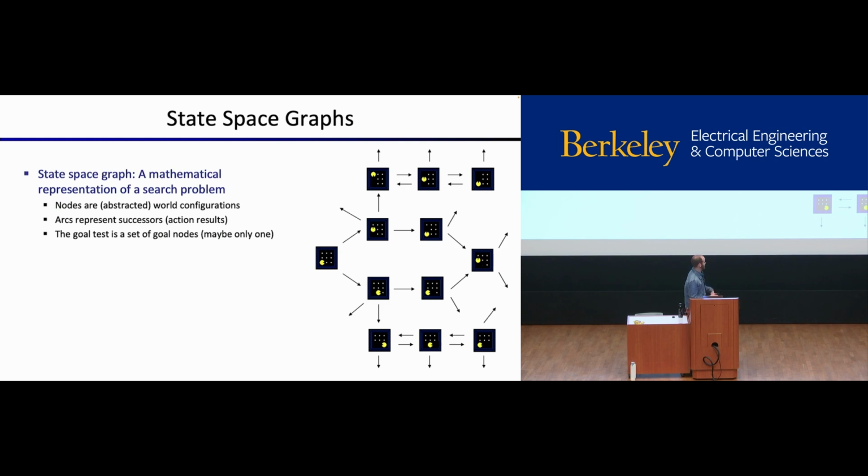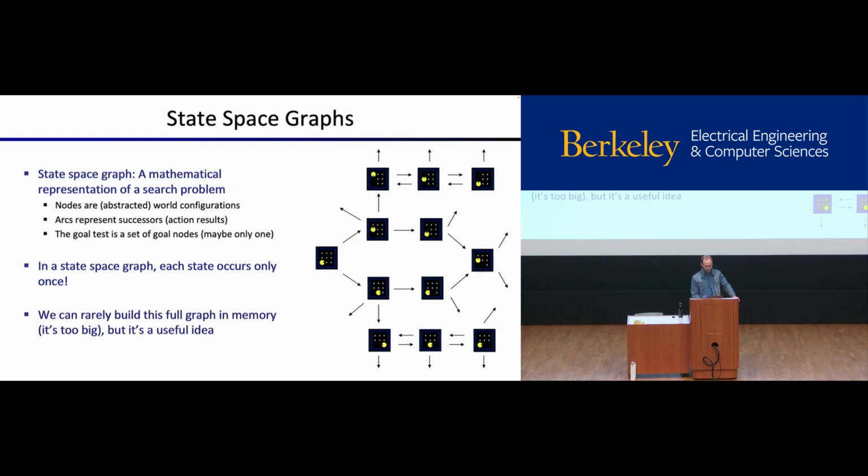It looks more or less like this. In the state space graph, each state occurs only once. This is going to be different from the search tree. And it's too big to fit in memory, usually. Usually state spaces are quite large, but it's helpful to think about it existing, even if we can't write it down.